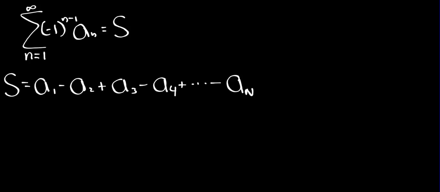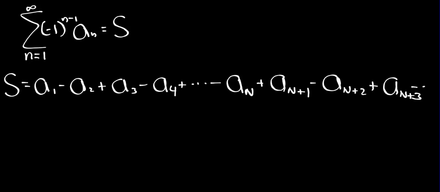And then the next terms would be A sub big N plus 1 minus A sub big N plus 2 plus A sub big N plus 3. And it goes on and on forever. It's an infinite series.